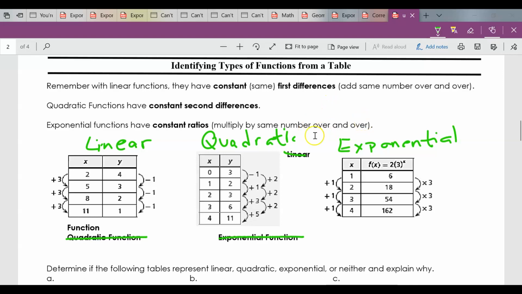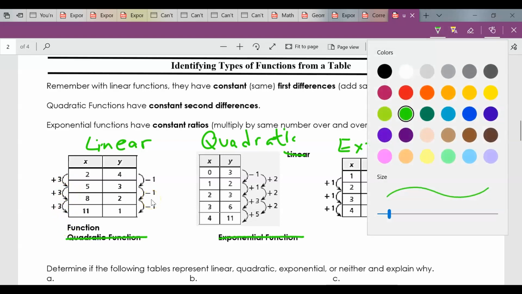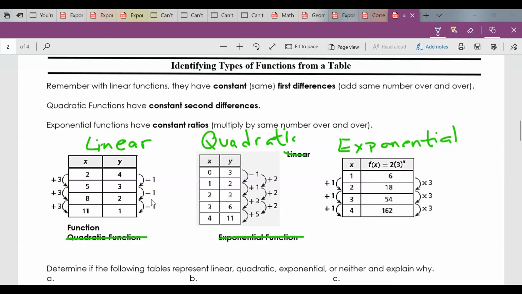A linear function, as the x value increases by the same amount. So if you look over here, you're going to notice that all of these are the same. These are all going up by 1 in the quadratic, so that's plus 1 each time, so those are all the same. And these are going up by 1 each time.